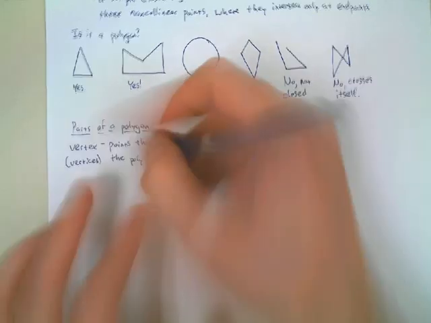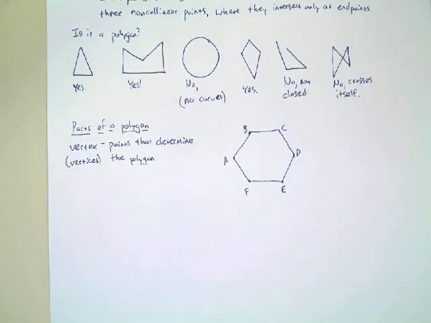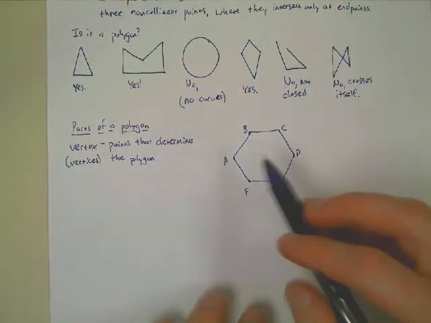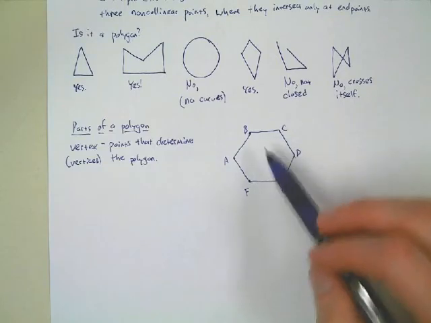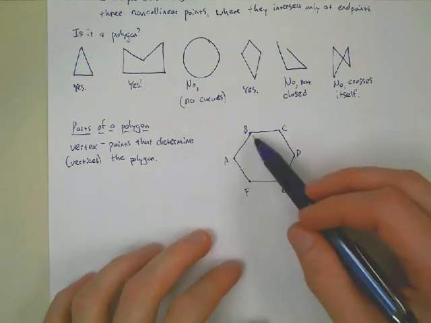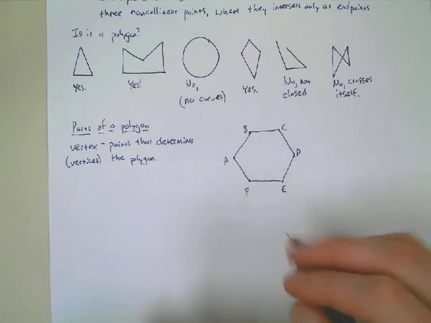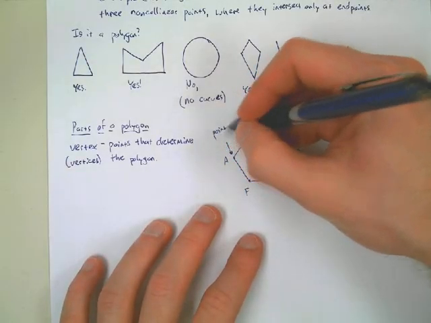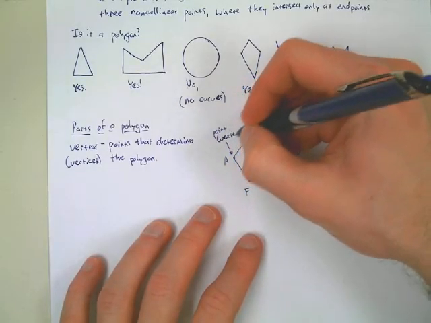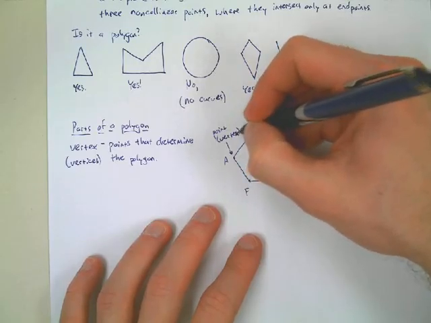For example, we look at that polygon there, and what points make up the polygon? Well, point A, point B, point C, point D, point E, point F. Those are all called vertices. So you could say vertex A, vertex B, vertex C, D, E, and F. So that is a point, but also known as a vertex. And collectively, they're known as points, or vertices.